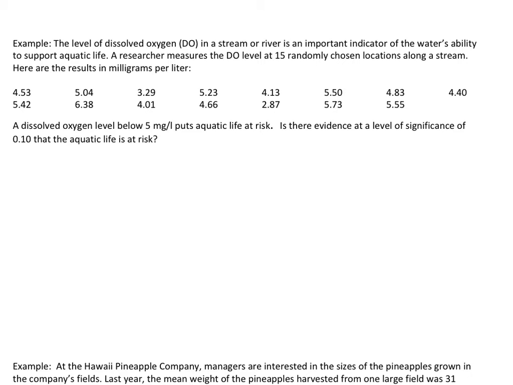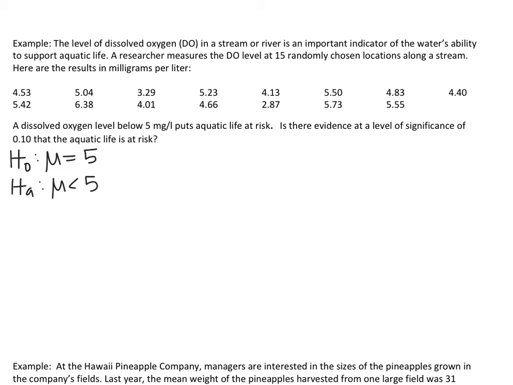Okay. So we're going to start with our hypothesis. So our null hypothesis is going to be that the mean is equal to our 5 milligrams per liter. And our alternative is that it is less than, because anything below that puts the life at risk. So now we're going to go through our checklist.